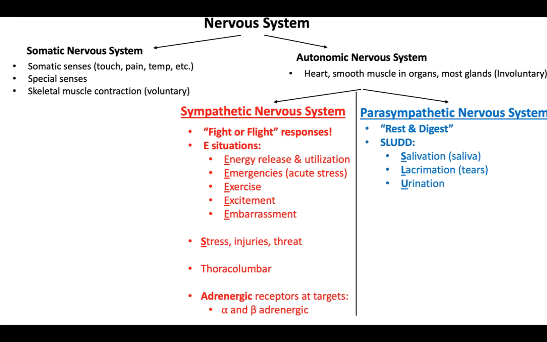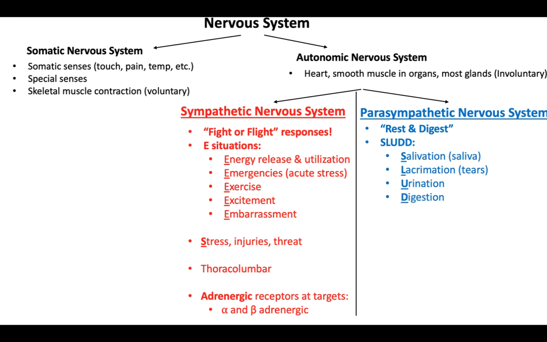So some people get so scared they might urinate themselves, they might defecate themselves. That's paradoxical fear. Urination and defecation are parasympathetic responses, but they could happen when you have extreme fear or an extreme emergency. So that's kind of a rare situation.